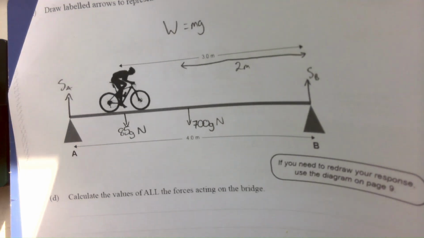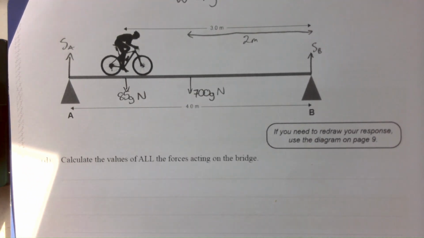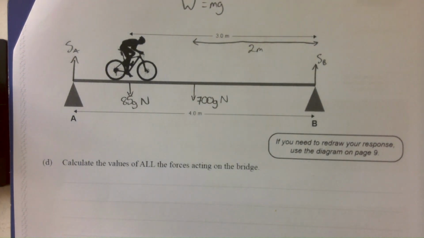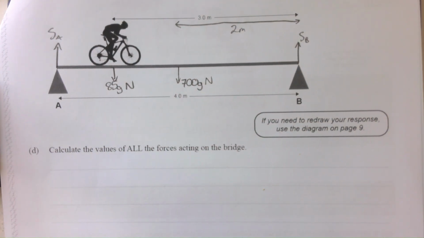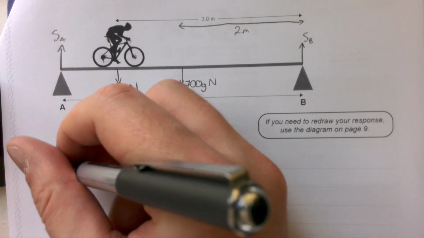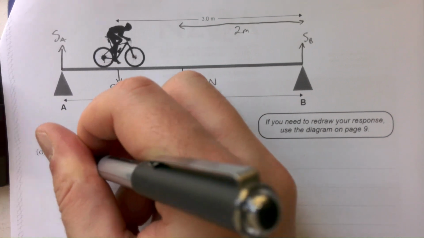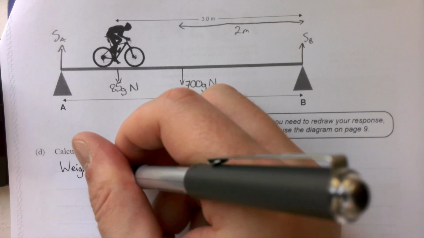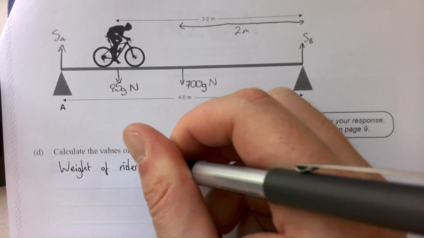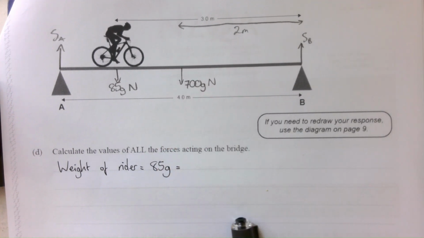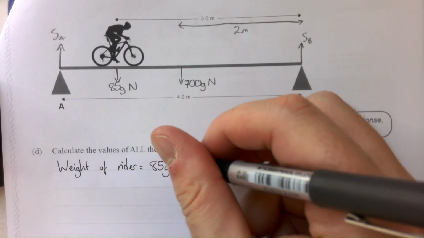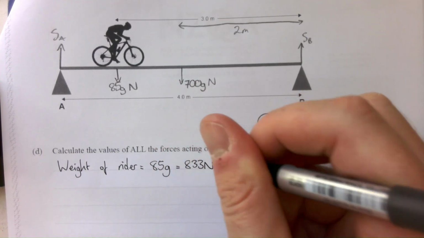Now, part D. Calculate the values of all of the forces acting on the bridge. So, I'm going to first of all work out the weights. Weight of rider equals 85 g, which equals 85 times 9.8, which equals 833 newtons.